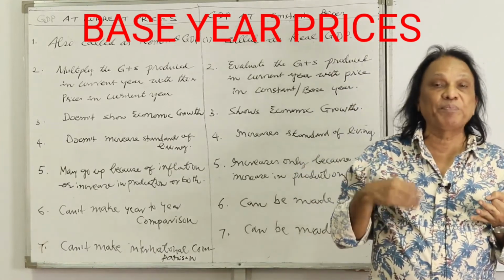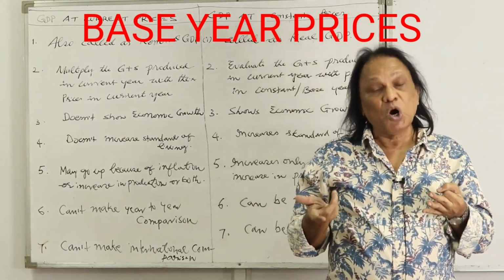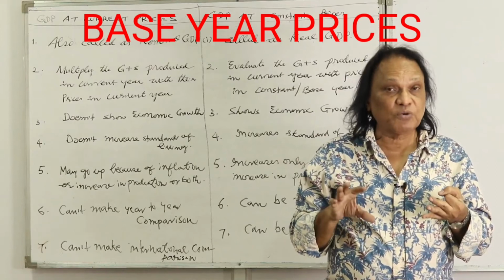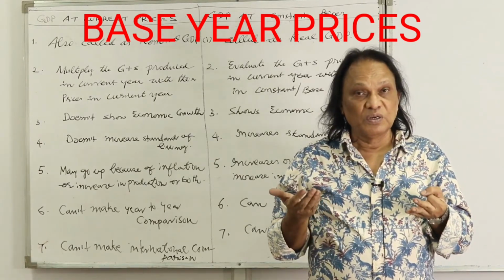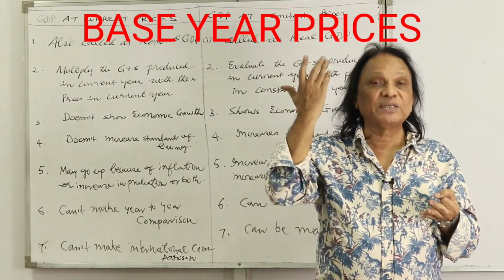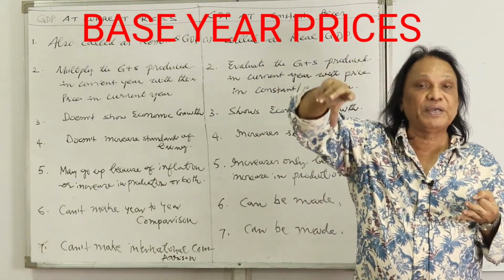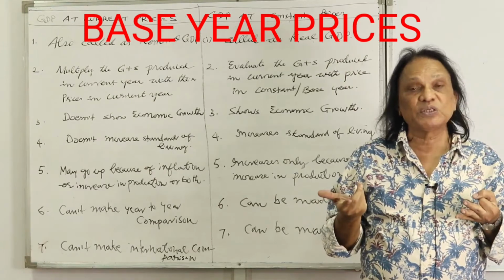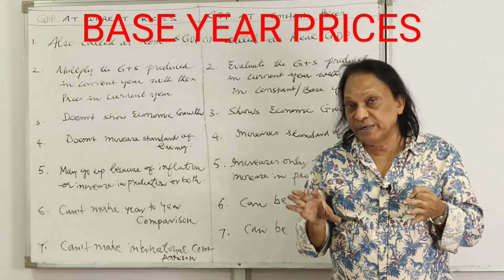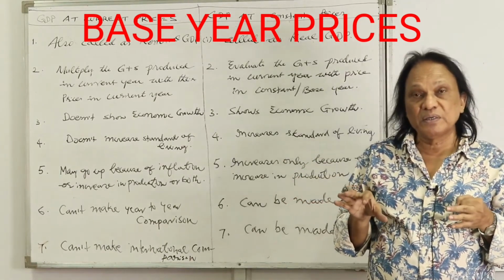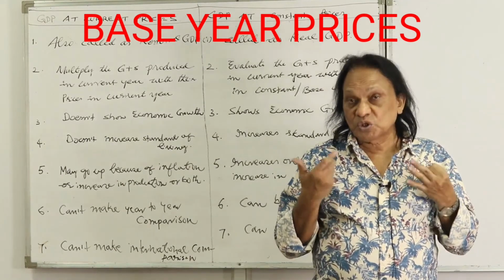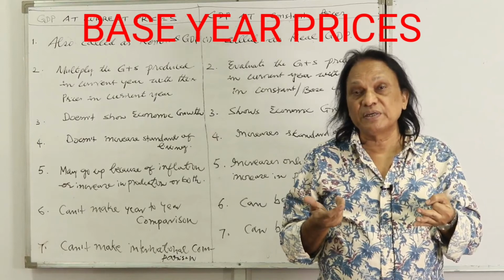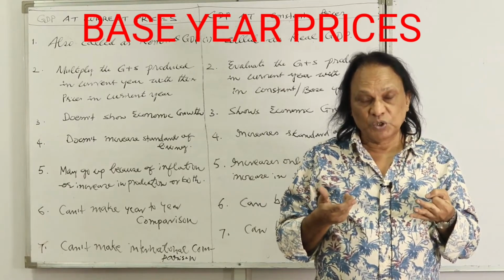Nominal GDP may go up because of an increase in prices, or an increase in output, or maybe both. But oftentimes we have seen nominal GDP increases mostly because of an increase in prices, inflation. So keep that in mind.